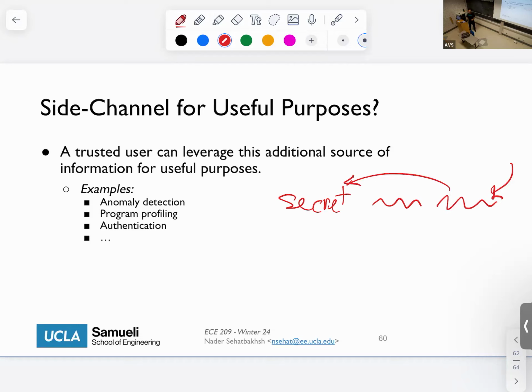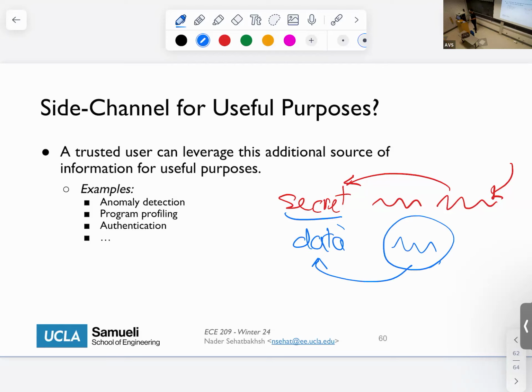But you can also think about it the other way around: if there is a correlation between information in your system and the signal, maybe I can use the signal to verify this data. This is what we call side channels for useful purposes.